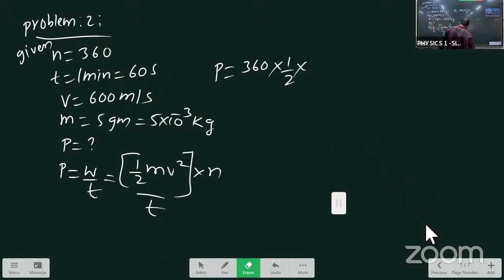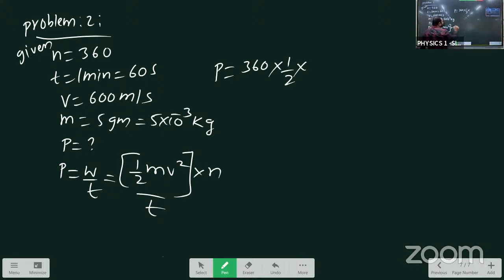So all terms are SI except mass. All terms are in SI unit, and our answer is also in SI units. We are getting 5 gram; gram indicates CGS units. That's why we wrote 10 to the power of minus 3. When we write 10 to the power of minus 3, automatically this value belongs to SI unit.